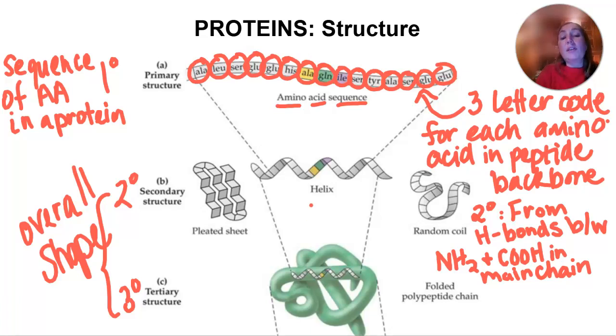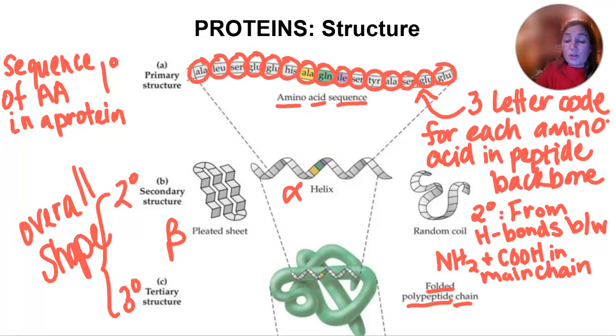So we think of that alpha helix, for example, and we give it the abbreviation alpha, and we think of that beta pleated sheet. We really think of that alpha helix as held together by or caused by hydrogen bonds. And then that tertiary structure, here we show it as a folded polypeptide chain.